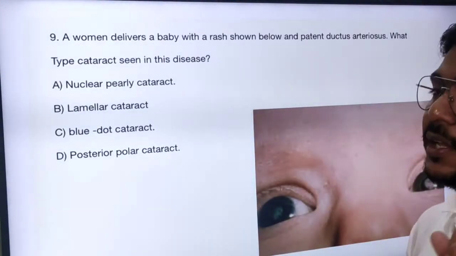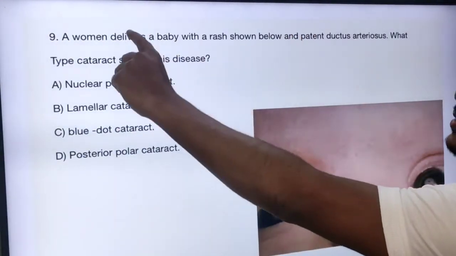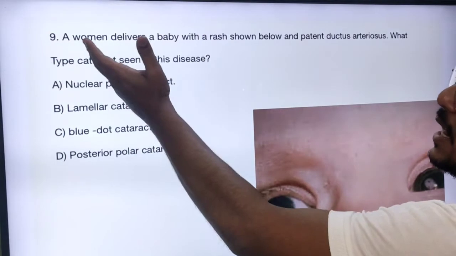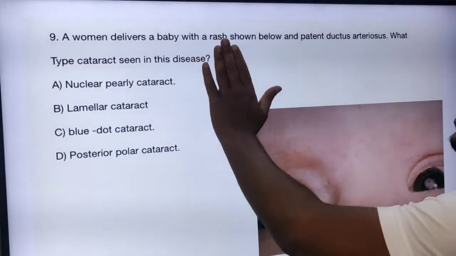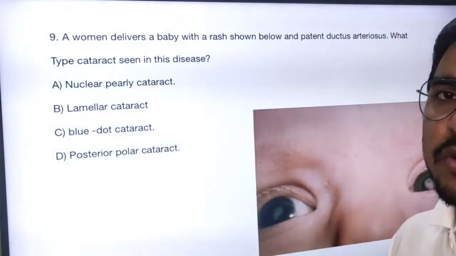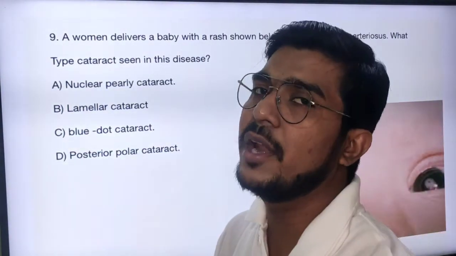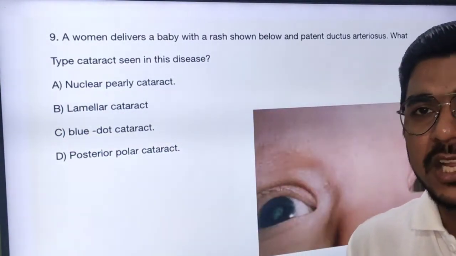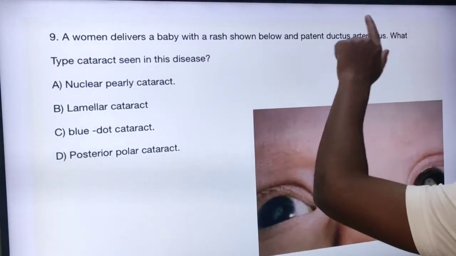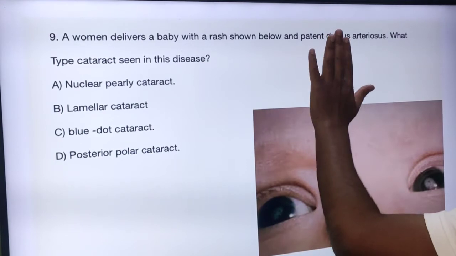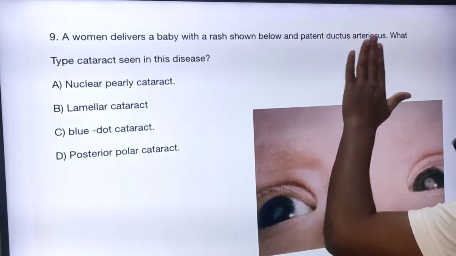So obviously the condition being described, because the baby has just been delivered and has a rash, is some intrauterine infection, and you know the intrauterine infection TORCH tests that have to be done. Among the TORCH, rubella has this peculiar feature of patent ductus arteriosus.